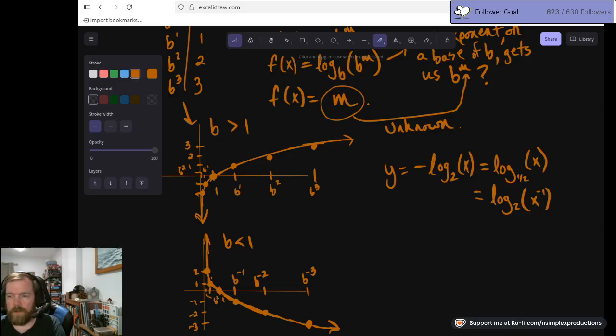It's taking all of our exponents and flipping them negative, which you notice that's what's happening on the x-axis.